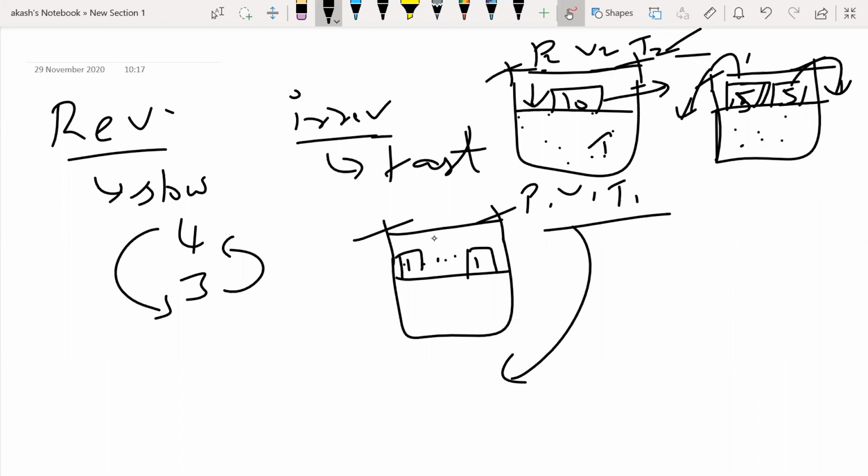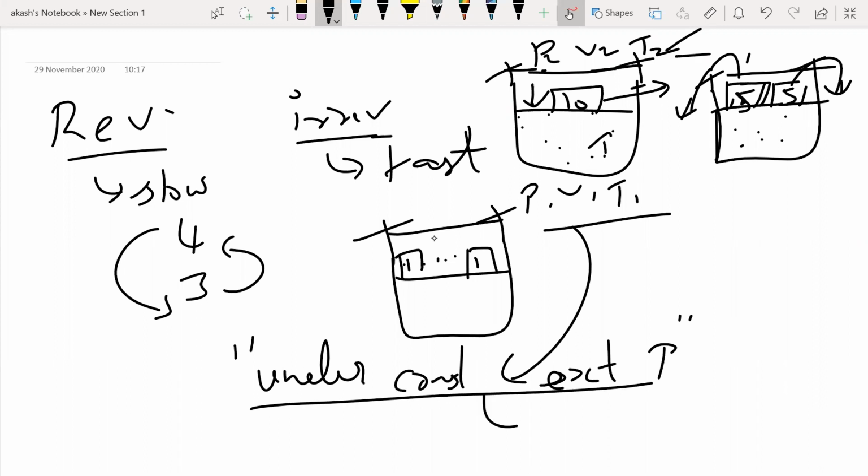Please look for this phrase: under constant external pressure. So this phrase you have to look for, right? Under constant external pressure. Whenever you see this term, this indicates that it's an irreversible process, right?